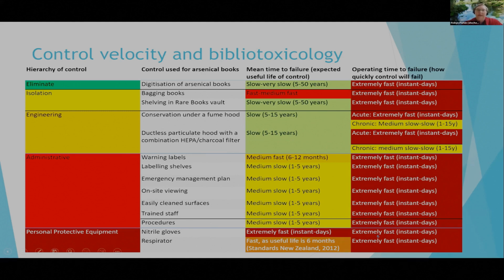Usually if it's eliminated, it's just gone. You don't worry about it anymore. But then you can layer these ones. You can limit the length of time that people have access to the books. You can also do that in a fume hood with procedures and personal protective equipment. So that's your layering of control, and therefore you get much better control of your risk.